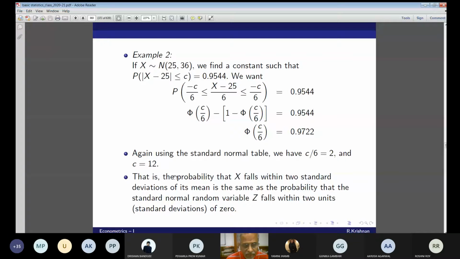So check this. If x is normally distributed, we find a constant c such that this is equal to 0.9544, then we want both minus.